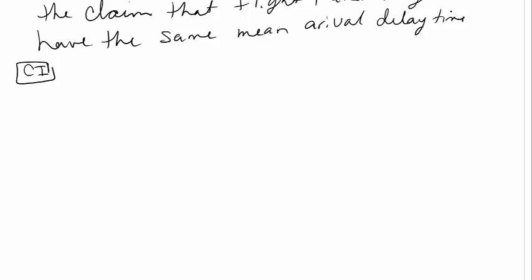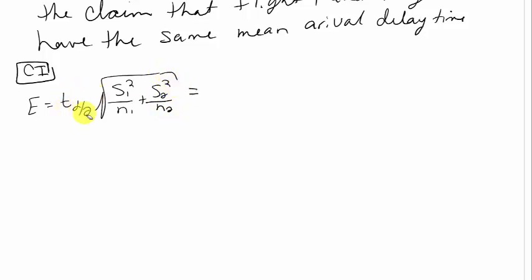The error formula for our confidence interval is t sub alpha over 2 times the square root of s1 squared over n1 plus s2 squared over n2. Always use the critical value from the hypothesis test that you found above.